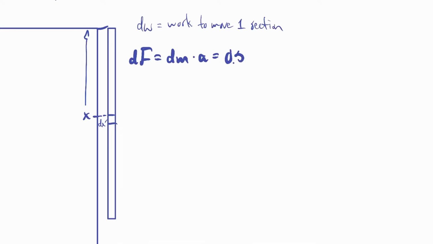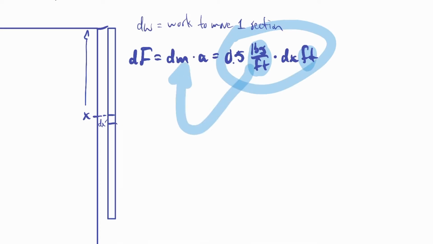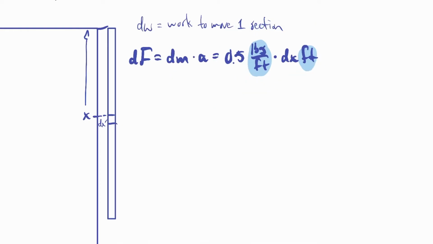0.5 pounds mass per foot. That's the density of the rope, the mass density, times dx feet. I have the mass density times the length, so I get the mass. Together this makes the mass in pounds mass.